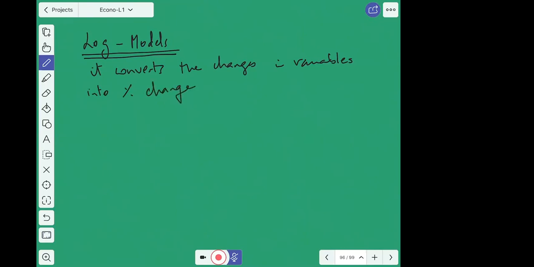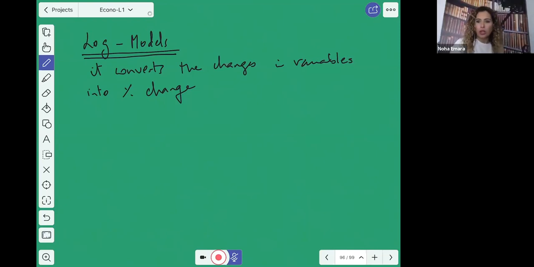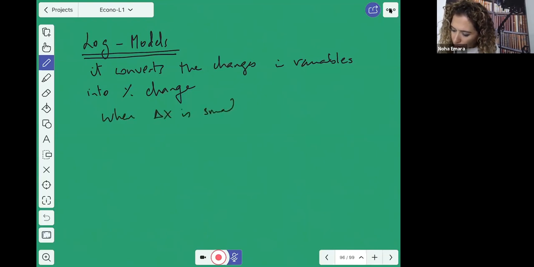So when x is small, for example just 1 point, in this situation I will be using the log model, when the change in x is small.